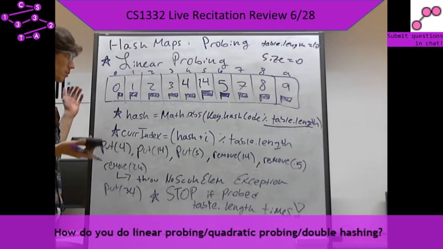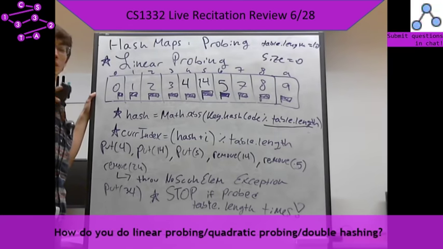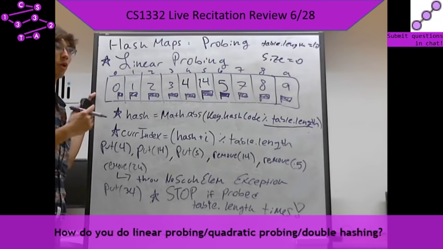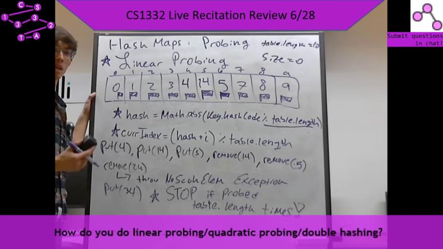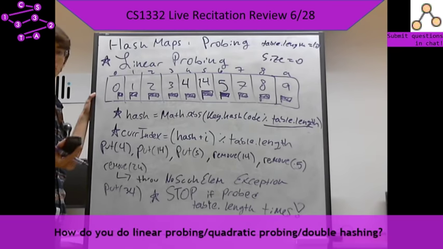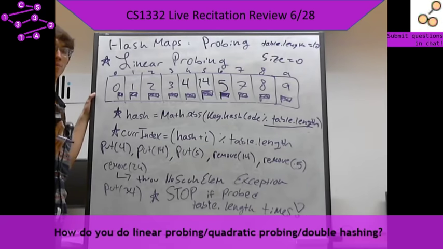So the question is, is it possible to make an optimization when you're doing a put or remove? Let's be careful on this. If I'm probing and I come across a key that matches the key that was inputted, is there an optimization I can have there?